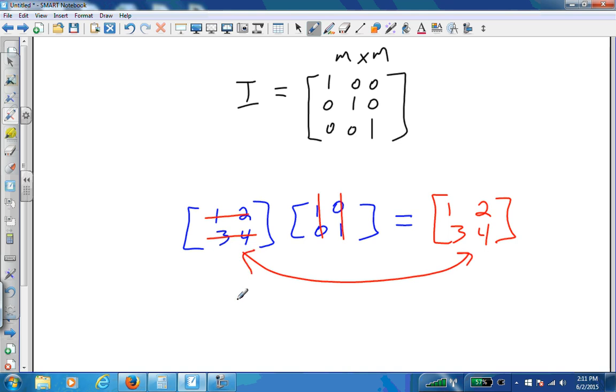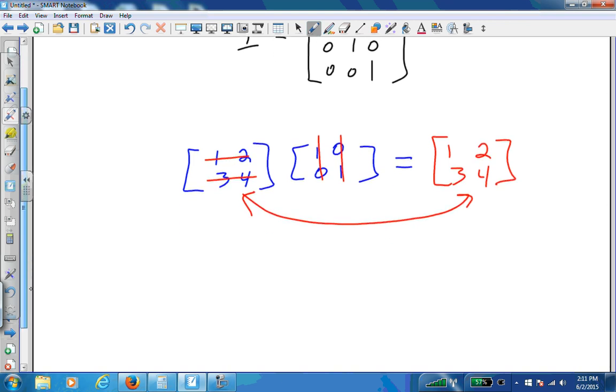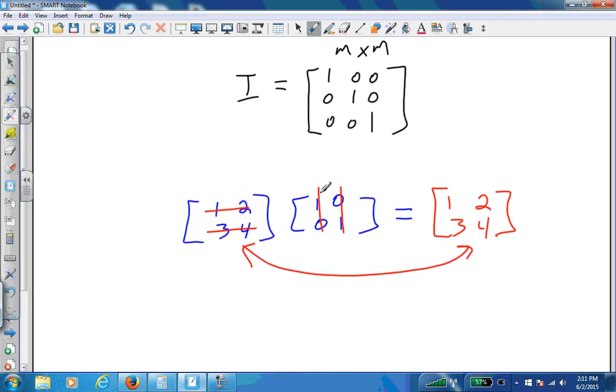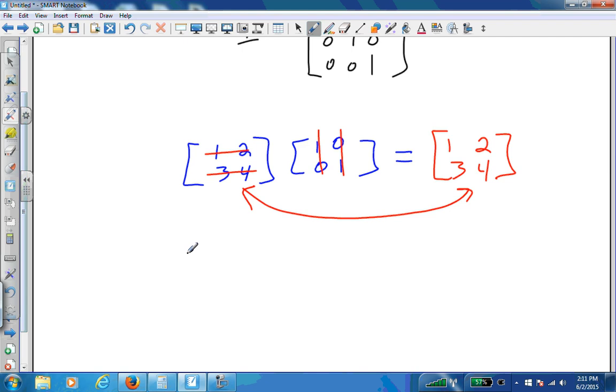Same thing we've got. So again, identity matrices are always square matrices with ones on the diagonal. And it does turn out that you can multiply on either side by the identity matrix and still get what you started with.